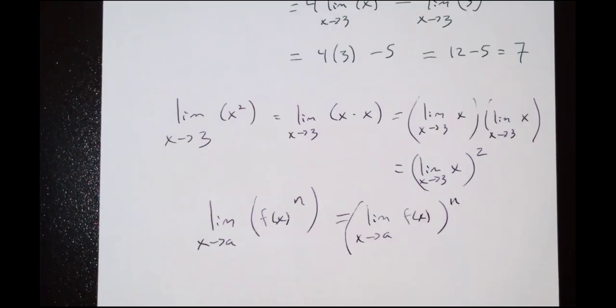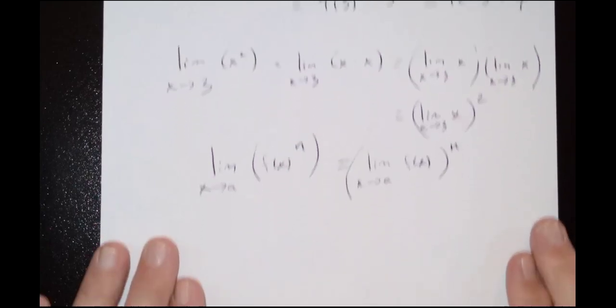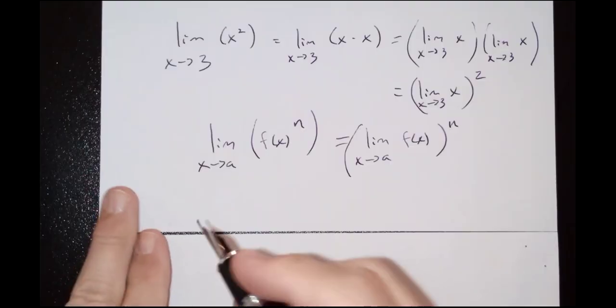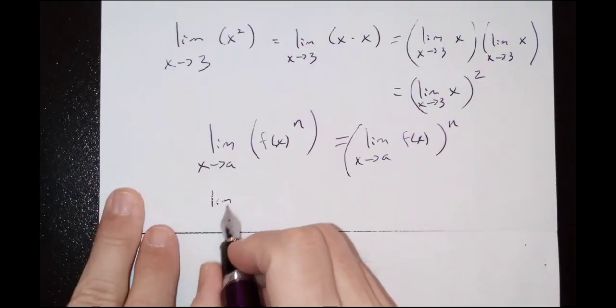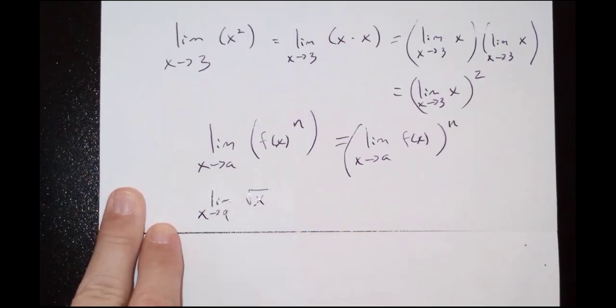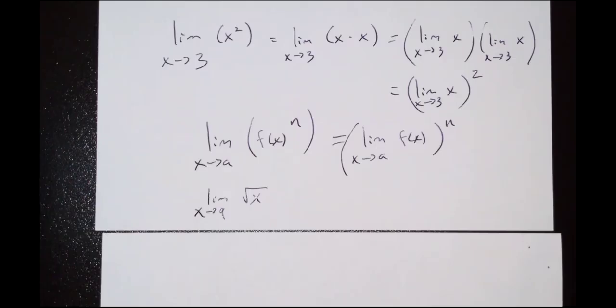Now here's the best part. It works for any power. That means it works for weird powers too. Cast your mind back to algebra class. What power goes with a square root?